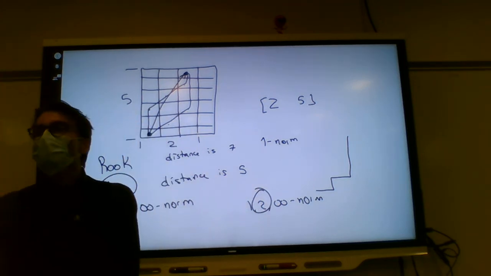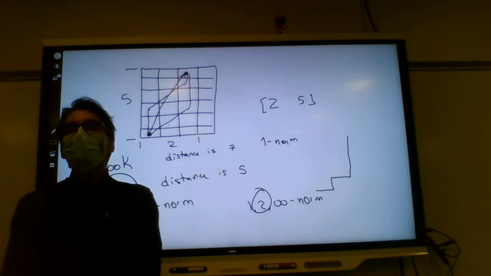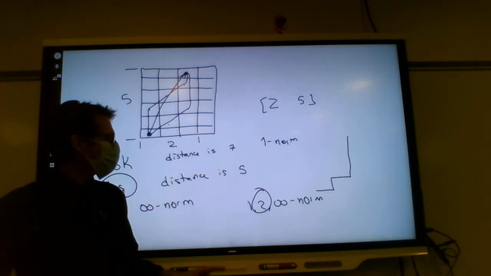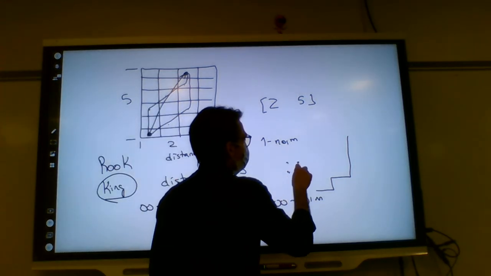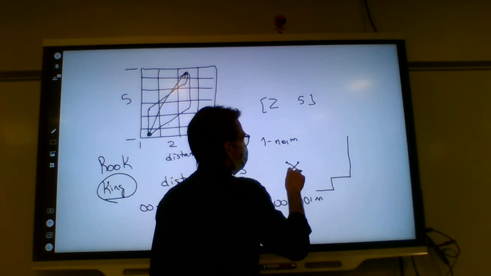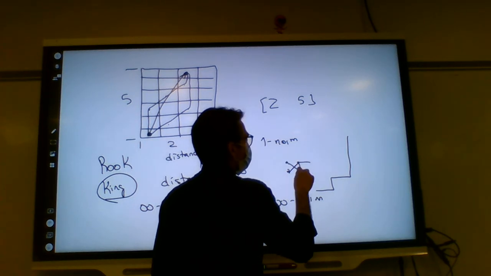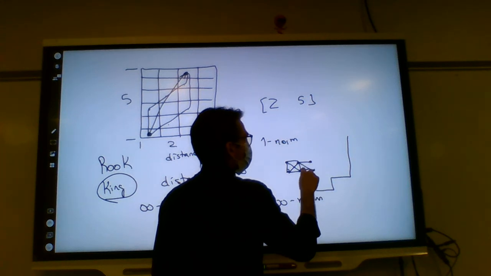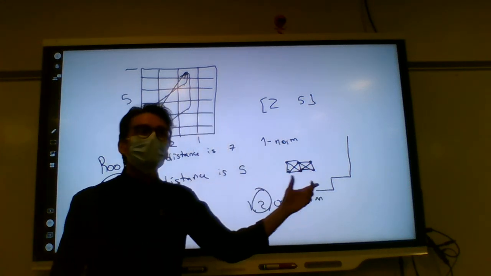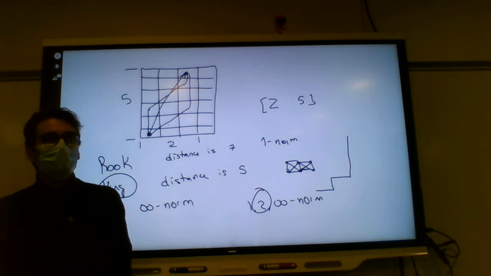But there will be lots of times when we have to stay on a grid, or we can stay on a grid, but it's not just a rectangular grid. It's a grid that has connections like this as well. So if we have all of these kind of connections, then the infinity norm might be a better way of measuring distance.